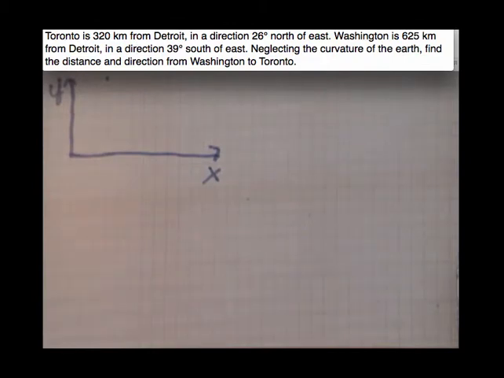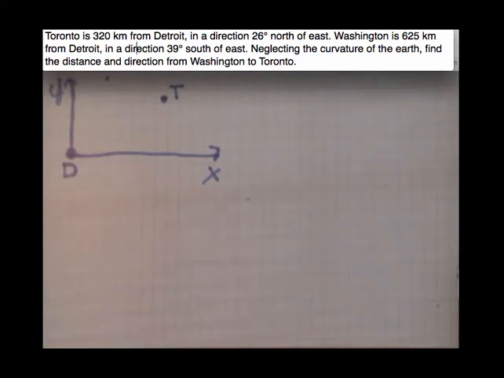And since things are being measured relative to Detroit, I'm going to put Detroit at the origin of my coordinate system. And Toronto, we're told, is 320 kilometers northeast of Detroit. So I'm going to put a little dot somewhere in the upper right-hand quadrant to represent the city of Toronto.